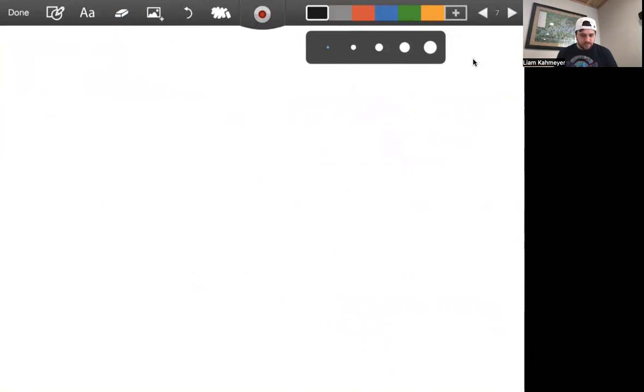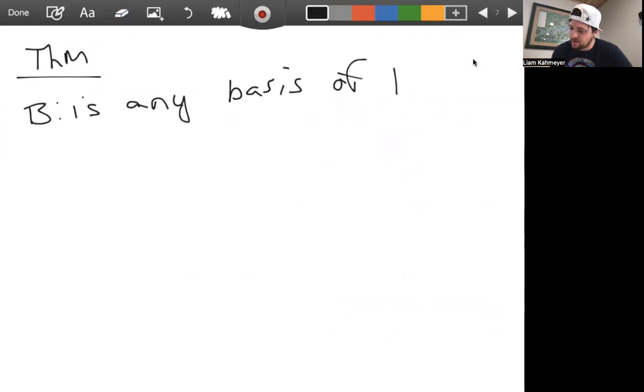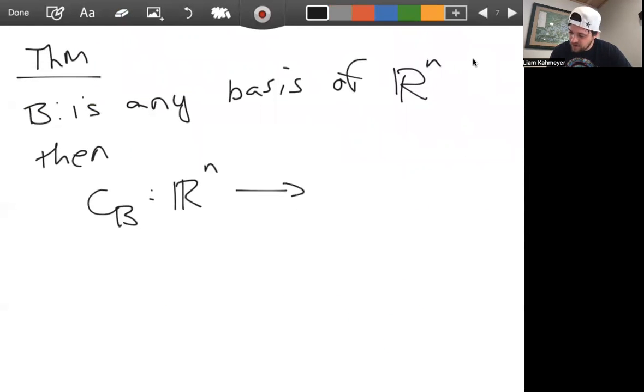So let's see what else we have here. We have a theorem that says if B is any basis of Rn, then the function CB, which is a map from Rn to itself, is an isomorphism.